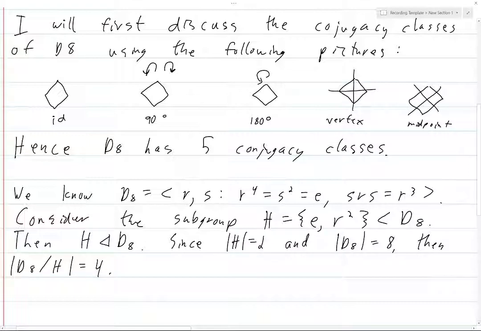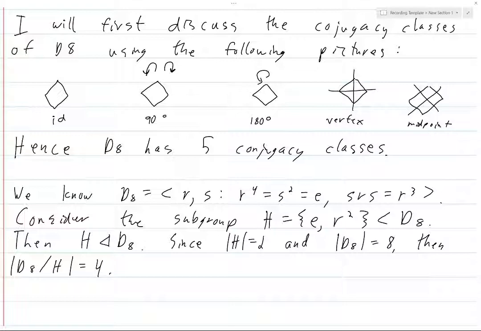What we want to do is get a quotient group that has a character table which is really easy to write down, and then we're going to inflate that character table to get the desired character table for D8.